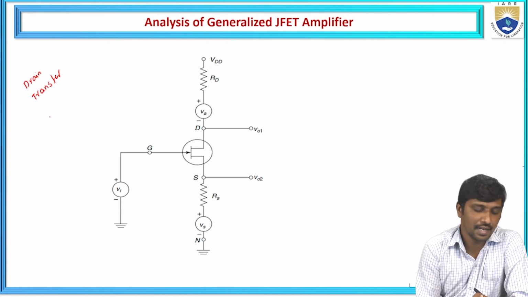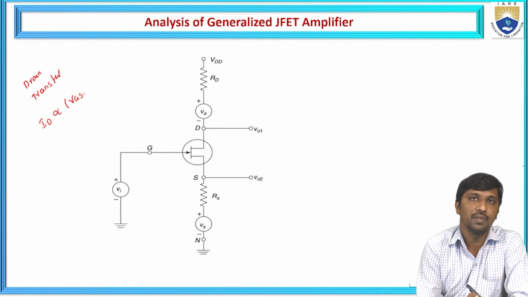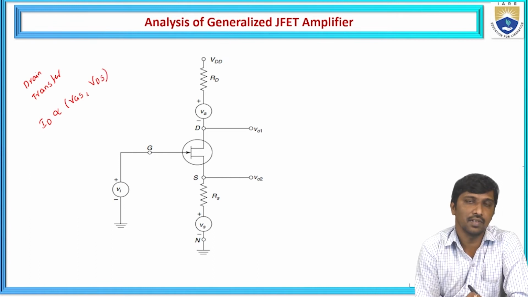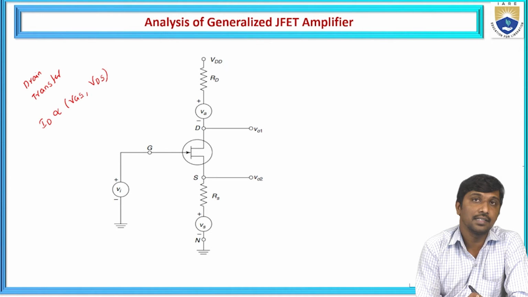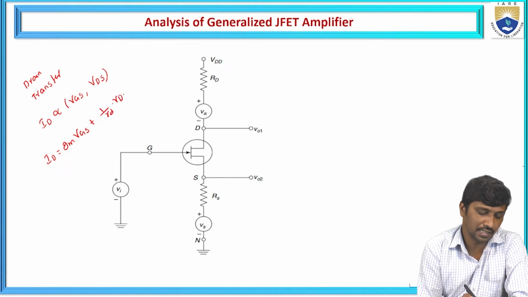From these drain and transfer characteristics, we observe that the drain current is a function of the applied biasing voltage between gate and source, that is VGS, and the biasing voltage applied between drain and source, that is VDS. And from this, based on the small signal model representation, we derive that the drain current ID is equal to Gm times VGS plus 1 by RD times VDS.